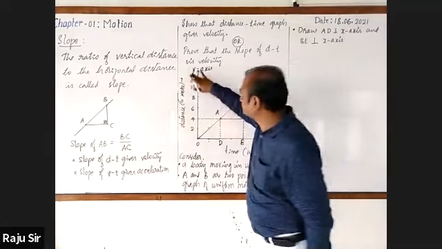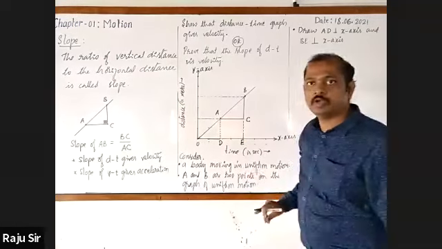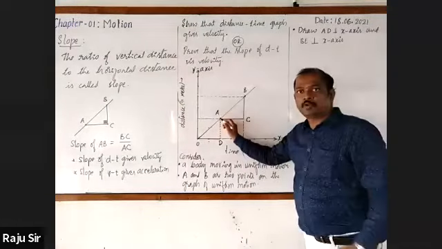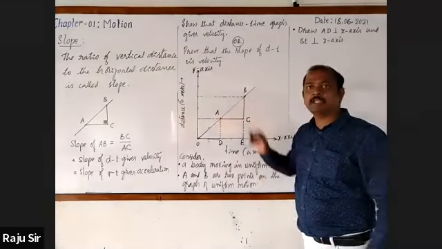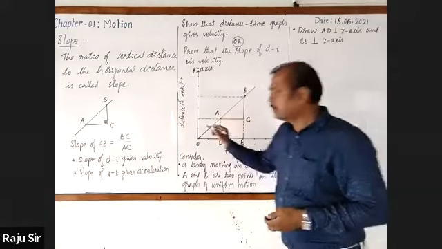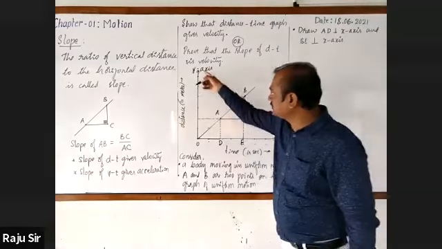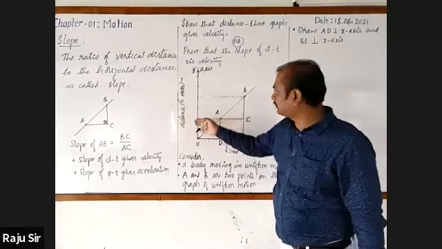Next, observe here. We have drawn the line parallel to x-axis through A as well as B. So these parallel lines have intersected the y-axis at two distinct points.